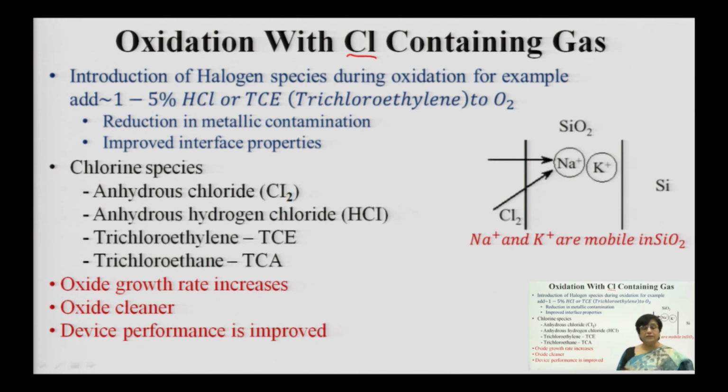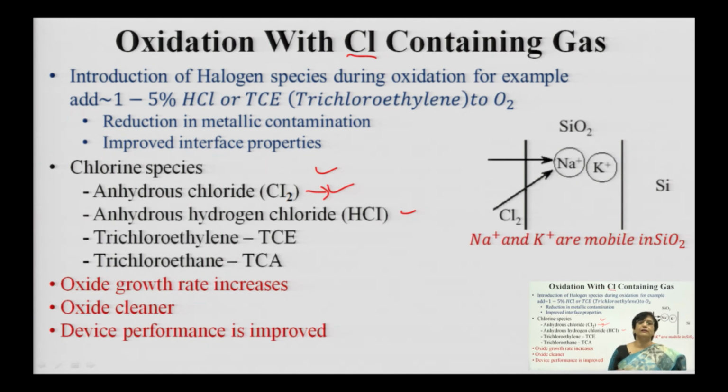In such a situation, you can restrict its impact by using chlorine. You have different species of chlorine being used, and these species will react with that ion and make it into a chemical compound, and it will satisfy its hunger for getting reacted.